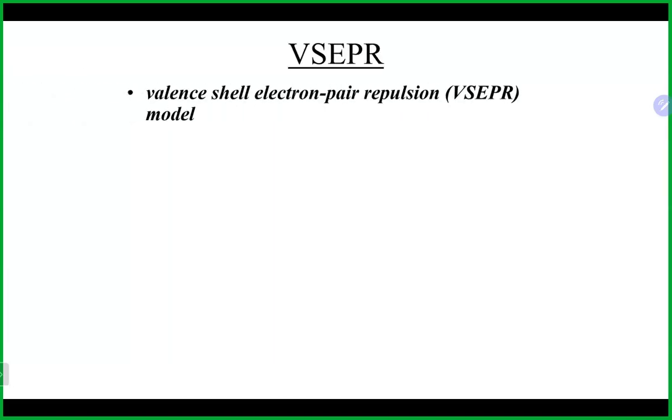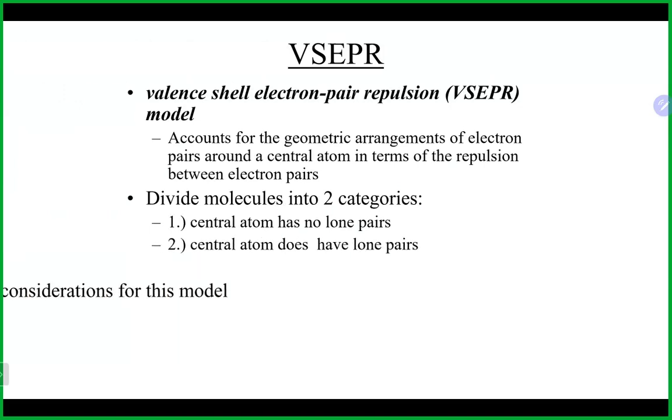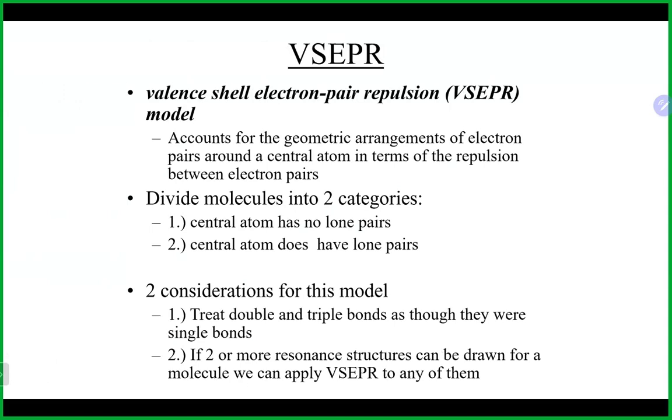Now, what we talk about here is VSEPR, and that's valence shell electron pair repulsion model. Probably why there's an abbreviation. That is a tongue twister there. And it accounts for really the geometry that we see in molecules. When we look at these type of compounds, we're going to see two types of molecules. One that have no lone pairs on the central atom. So basically, in this situation, you got no dots on the central atom, so nothing going on there.